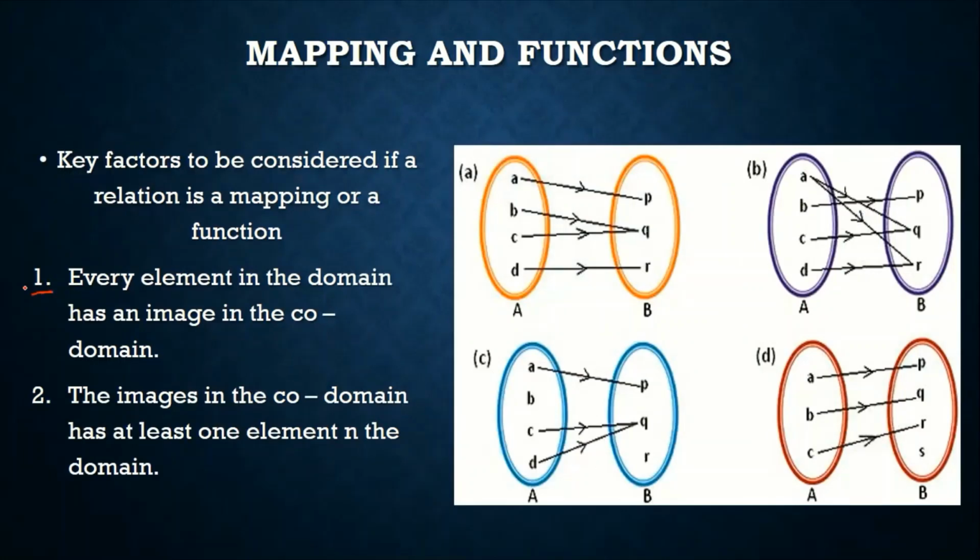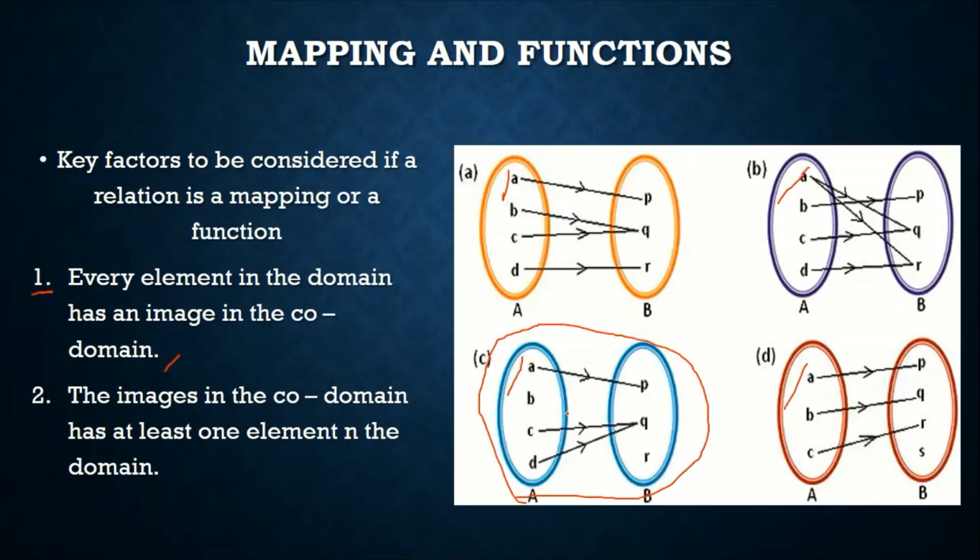Every element in the domain must have an image in the codomain for it to be called a mapping. Is that okay? Look at all these examples. You will notice that all the elements in the domain have an image in the codomain. Once that is not the case, like look at this C, B is not being mapped to anything.